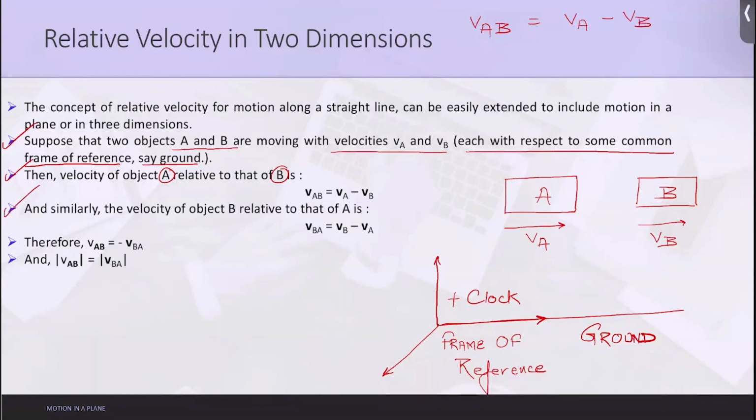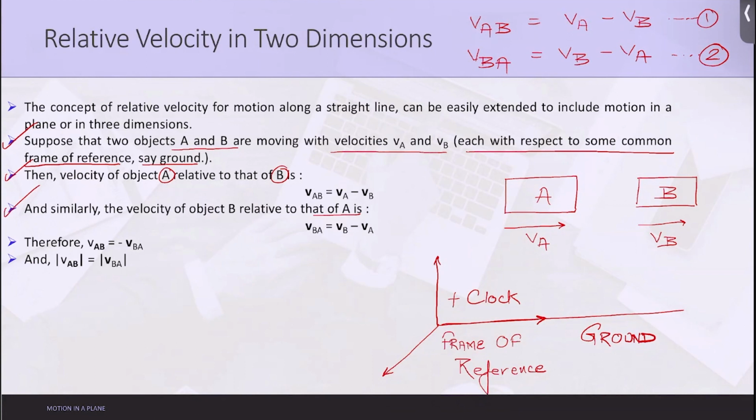And similarly, the velocity of object B relative to that of A, how can we write this? It is velocity of B with respect to A, VBA, is equal to velocity VB minus velocity VA. So you can see clearly that this is in similar terms as we understood in motion in a straight line. Not even similar, it is the same one.